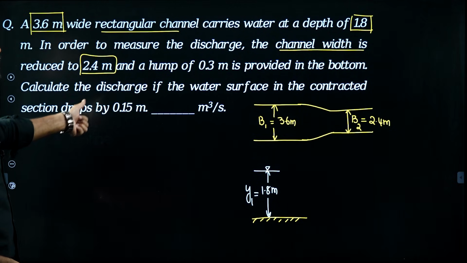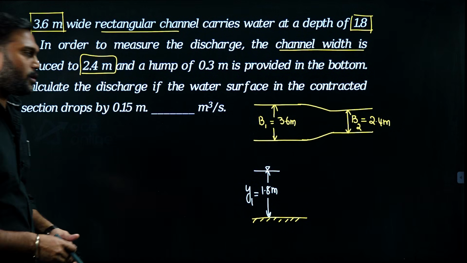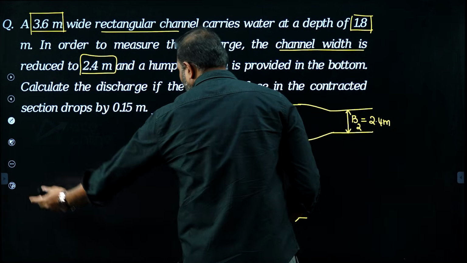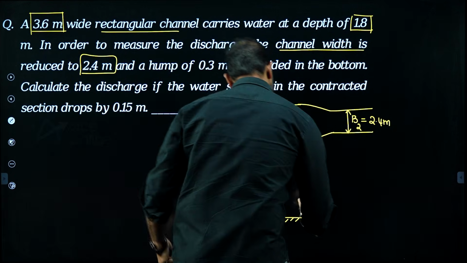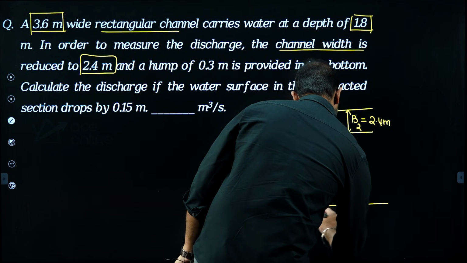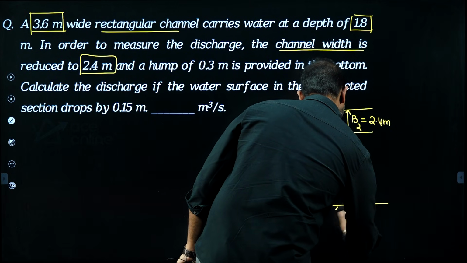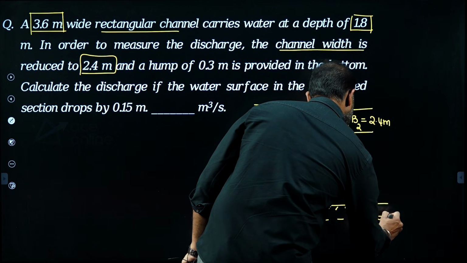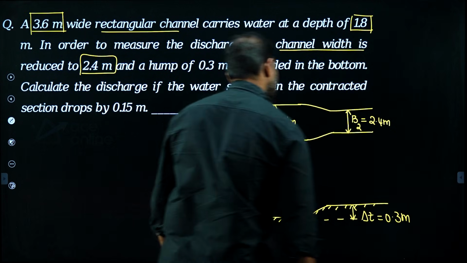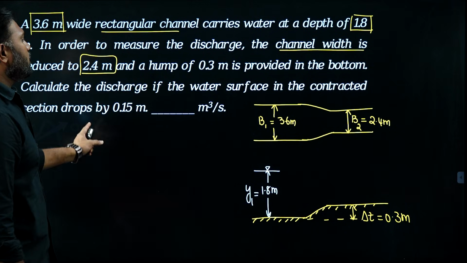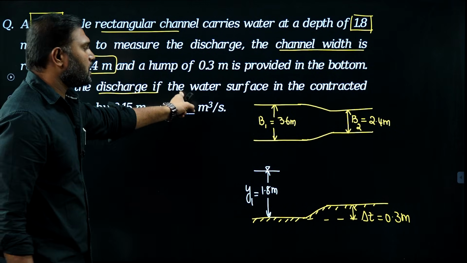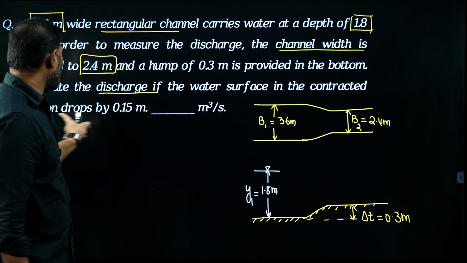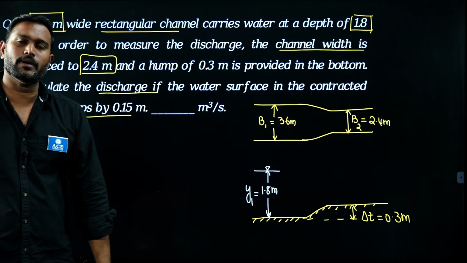Okay. Now a hump of 0.3 meters is provided at the bottom, which means it's a double transition, right? So a hump of 0.3 is proposed. So delta Z is given as 0.3 meters. Now what they're asking is to calculate the discharge if the water surface in the contracted section drops by 0.15 meter.